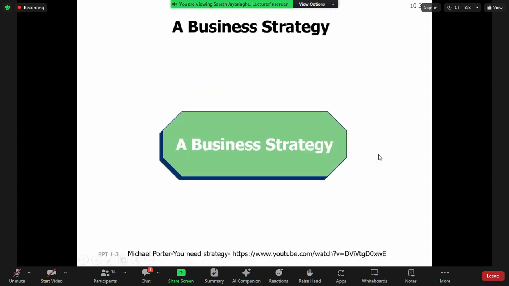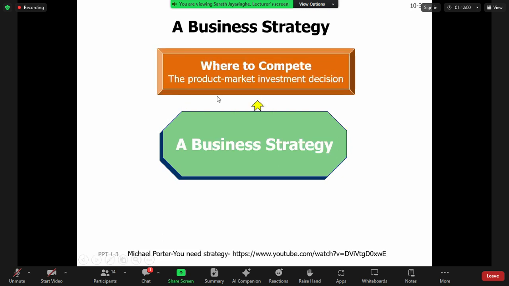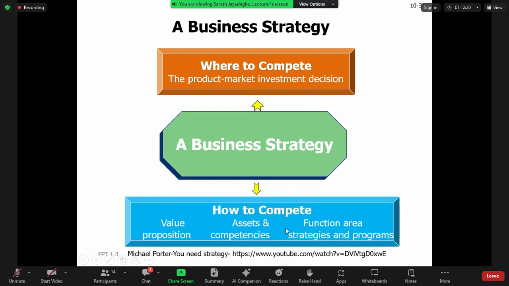So we can see the model of business strategy. We have to compete, where we are competing, where you are doing the business. So compete with the competitors. The product market investment decision, we have to make those decisions. We have to invest, and then we have to think how to compete.